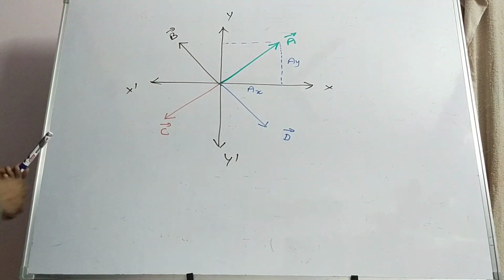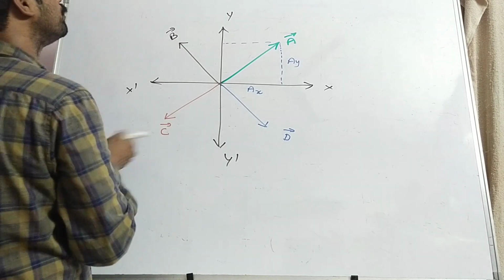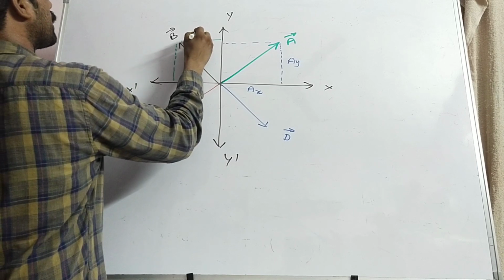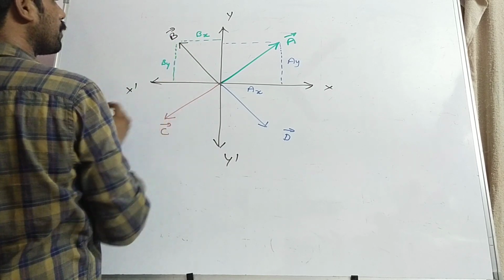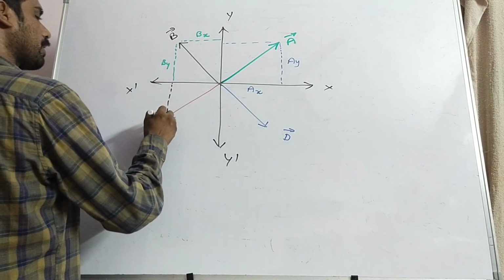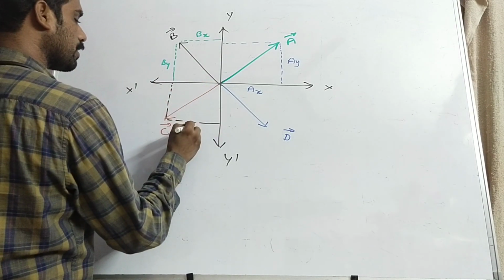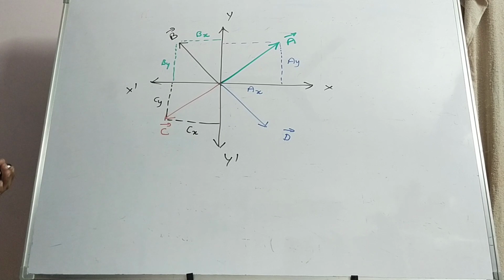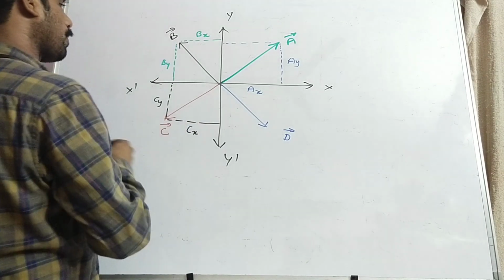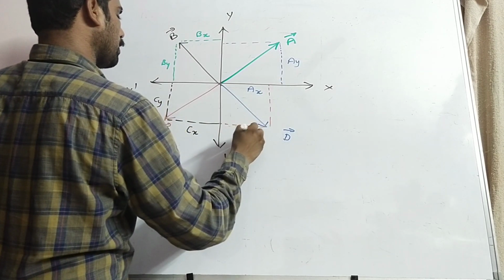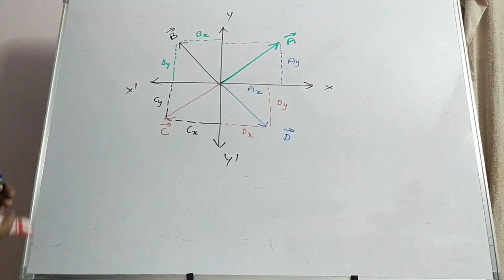Now see here we have b bar vector in the second quadrant, that will be taken as, say, bx, by, and in the third quadrant there is a vector c bar, which is parallel to x-axis, that can be, say, cx, cy. Okay. Now dx, dy.